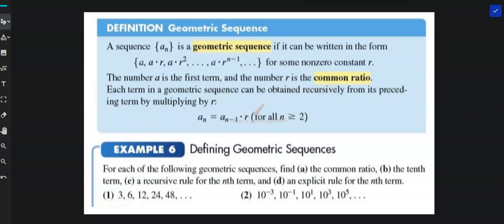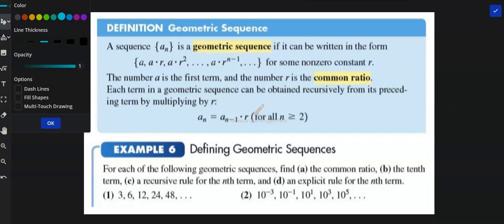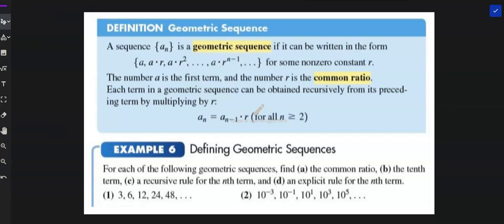The geometric sequence. The geometric sequence is based on the exponential model. That's right, folks. The good old exponential model. You'll remember that the exponential model, y equals ab to the x power.